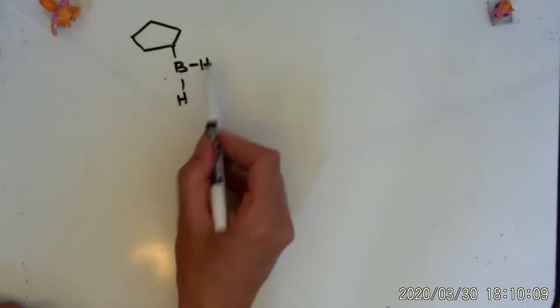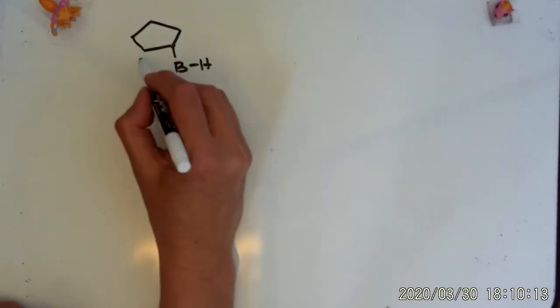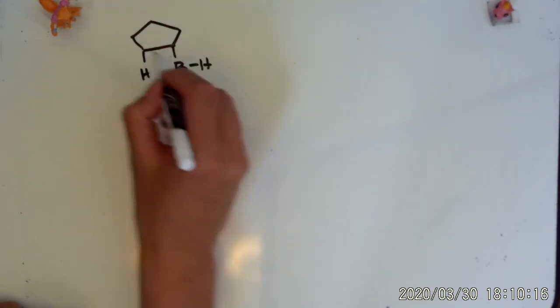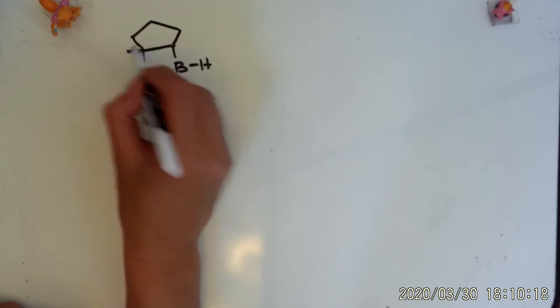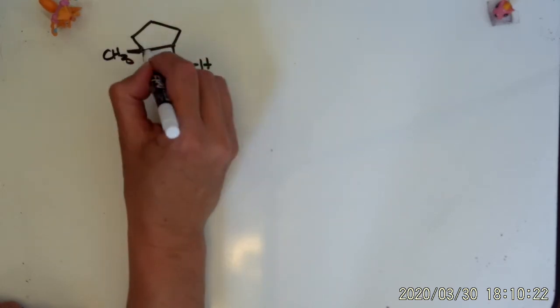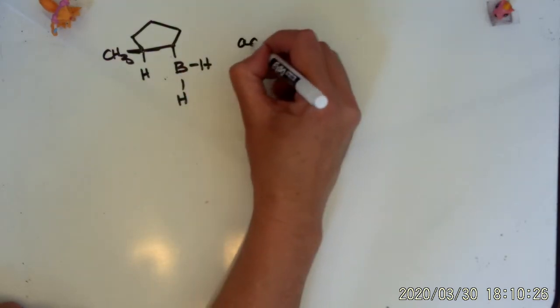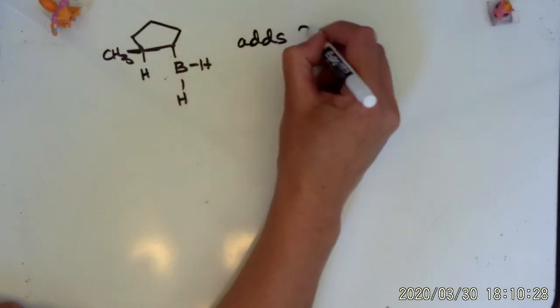Now I want you to know these two hydrogens can also be used to add onto an alkene. Okay? That's my methyl group right here. So, what I'm going to do is it adds two more times.